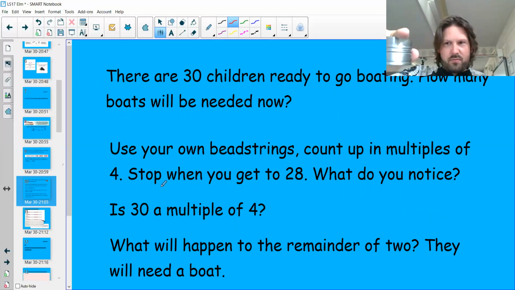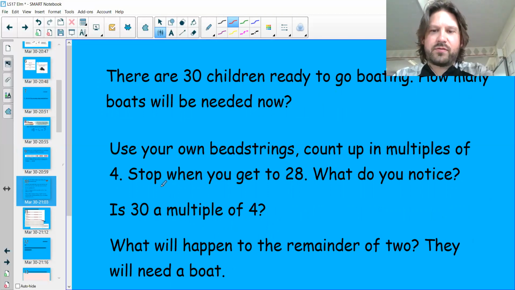But it works the same with any kind of manipulatives, pasta, rice, anything. So use your own bead string, count up in multiples of 4. Stop when you get to 28. What do you notice? Is 30 a multiple of 4? What will happen to the remainder of 2?